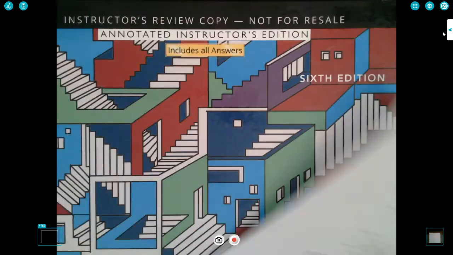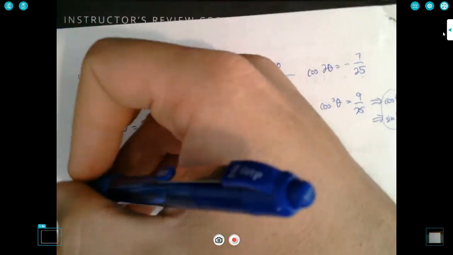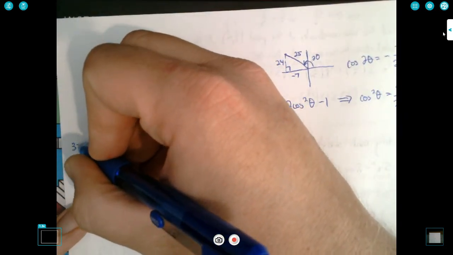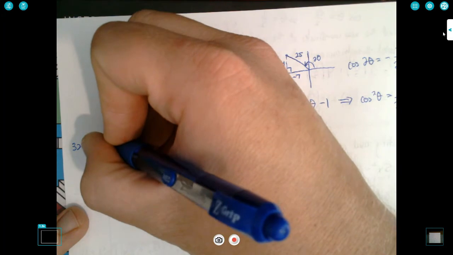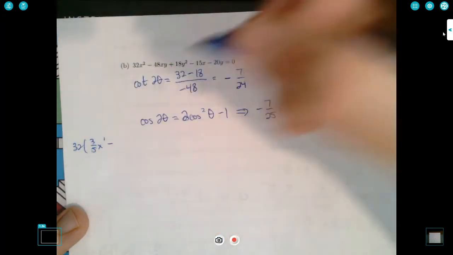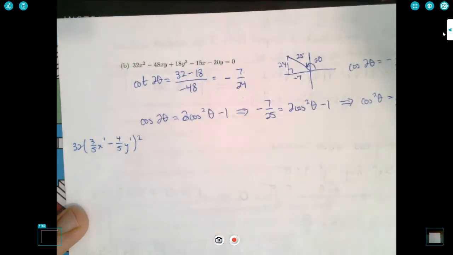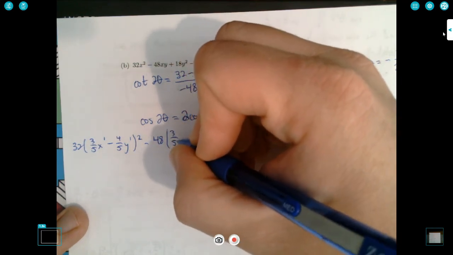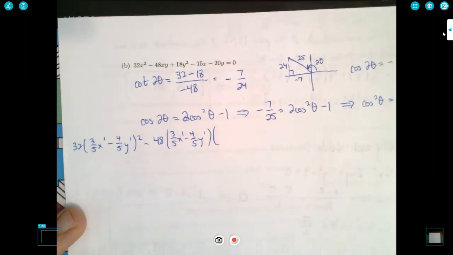So let's do that. I'm going to need to give myself space and write kind of small, but I'm going to have 32 times x squared. That's going to be cosine theta, which is 3/5, times x prime, minus sine theta, which is 4/5, times y prime. So there's x squared, minus 48 times x, times y.